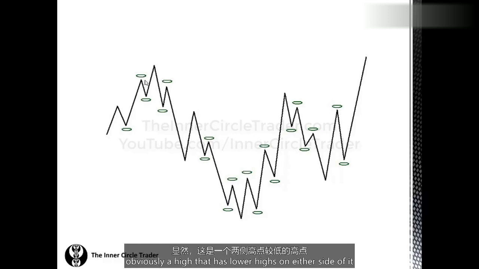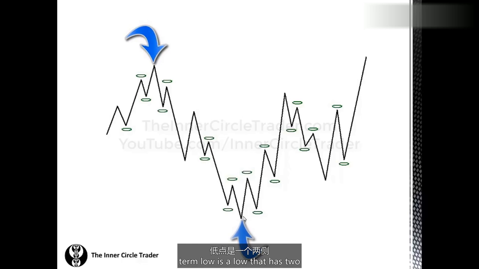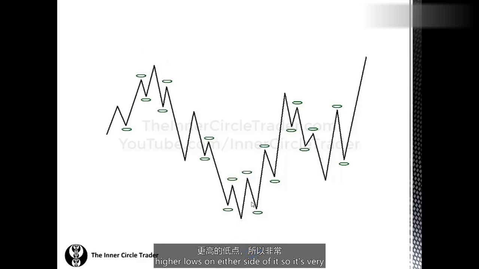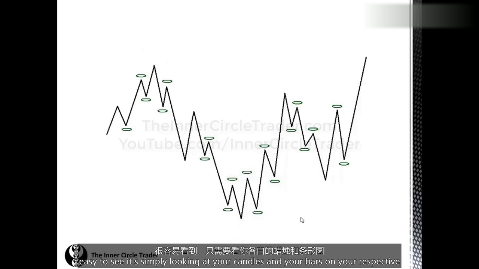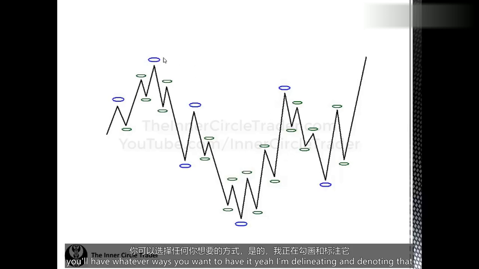Intermediate term high is obviously a high that has lower highs on either side of it, okay, and an intermediate term low is a low that has 2 higher lows on either side of it. So it's very easy to see. It's simply looking at your candles and your bars on your respective time frames, and when you see these, note them, okay, and by noting them you'll have whatever ways you want to have it.